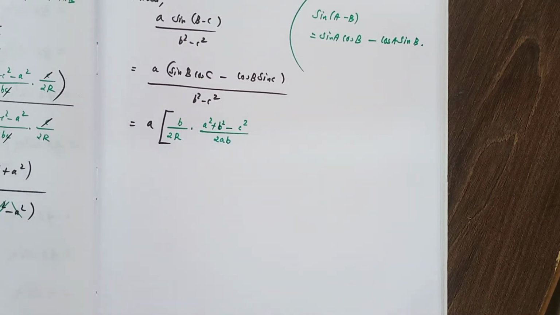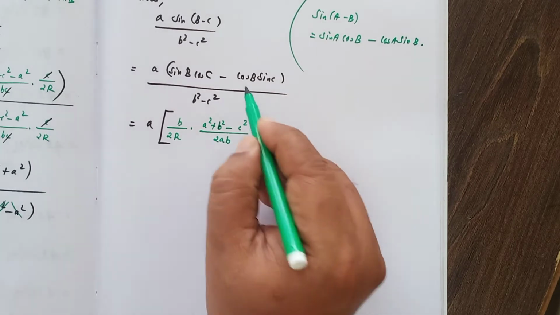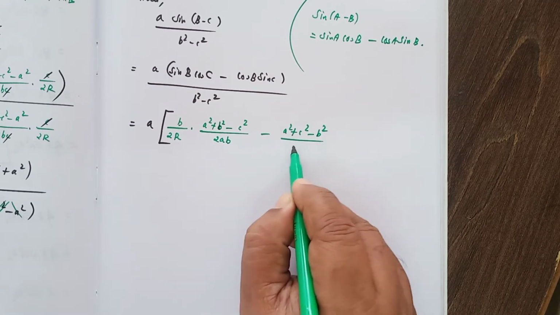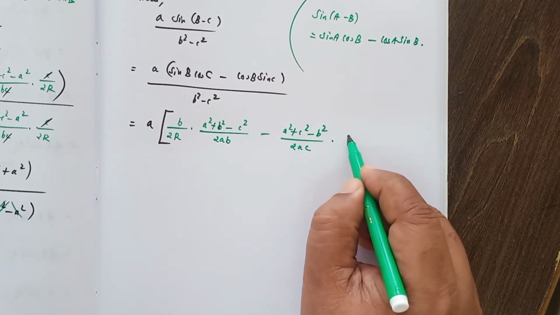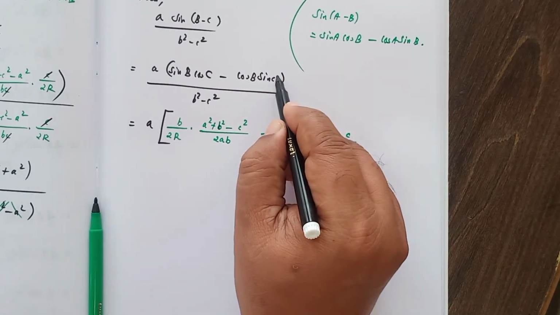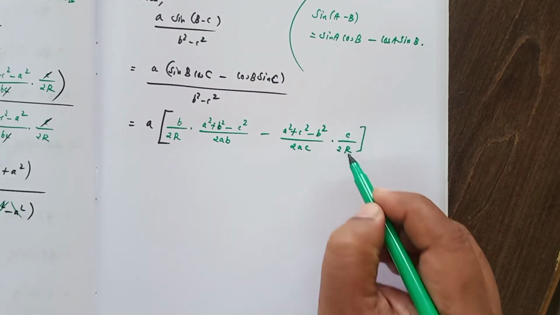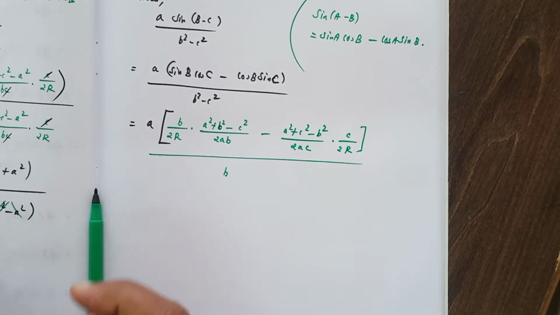That is the formula for cos C. That's a cosine formula. Minus cos B, that is equal to a squared plus c squared minus b squared divided by 2ac, into sin C, that is equal to c divided by 2r. This is capital C. Now whole divided by b squared minus c squared as it is.